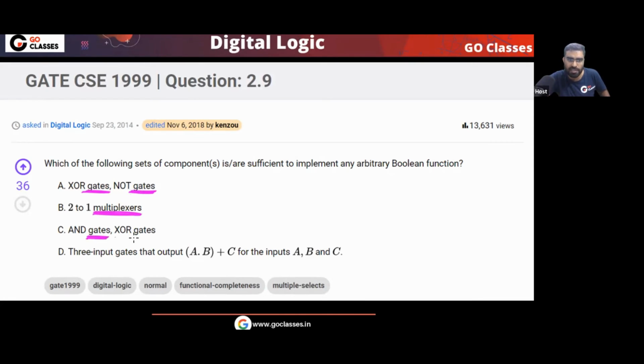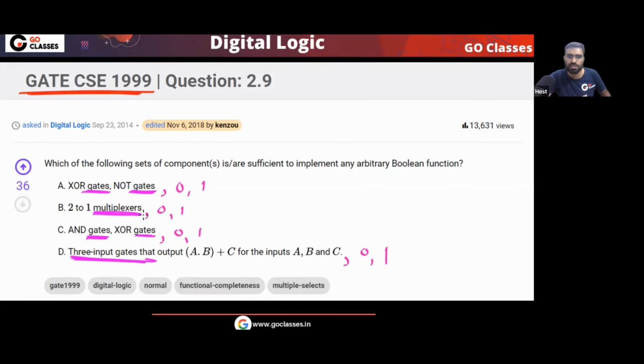You can see multiplexer, gate, multiplexer, 3 input gate. This is related to digital circuits. So if you solve this GATE exam question, what will you assume? 0, 1 you can assume. Now you solve this question.